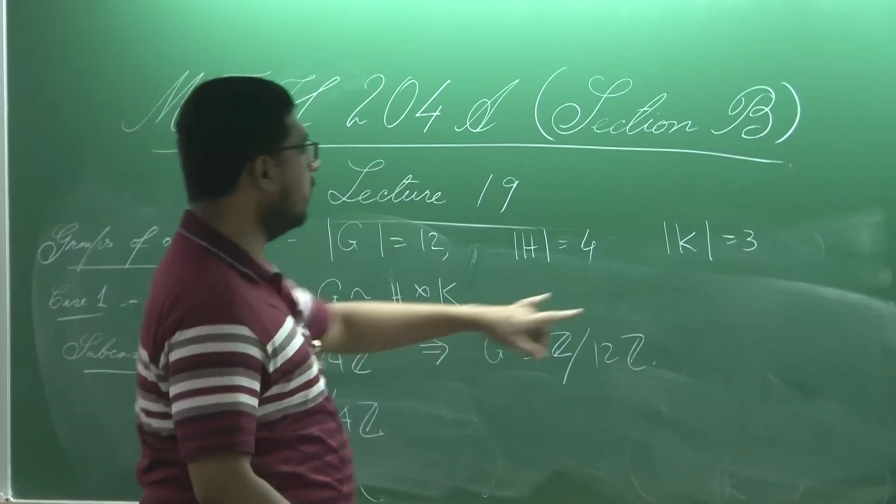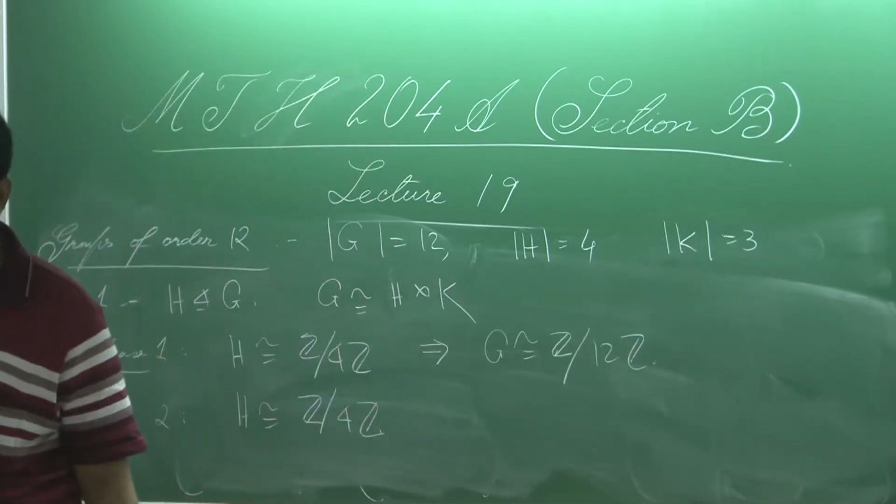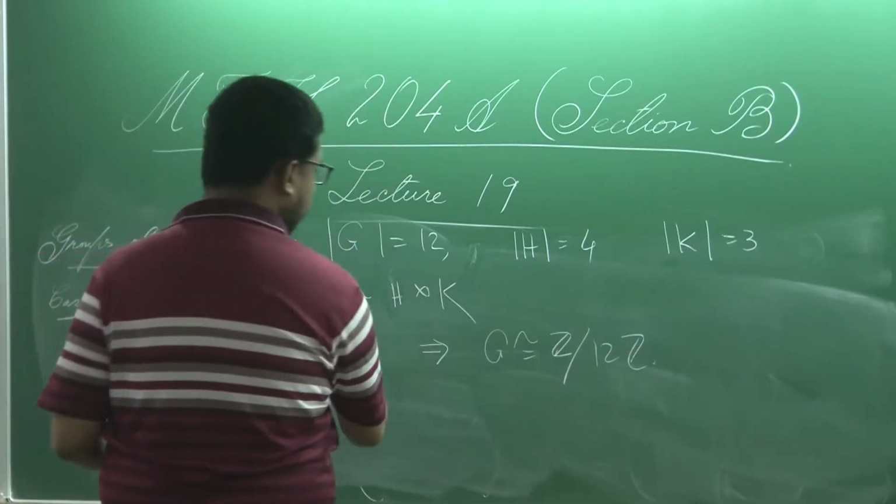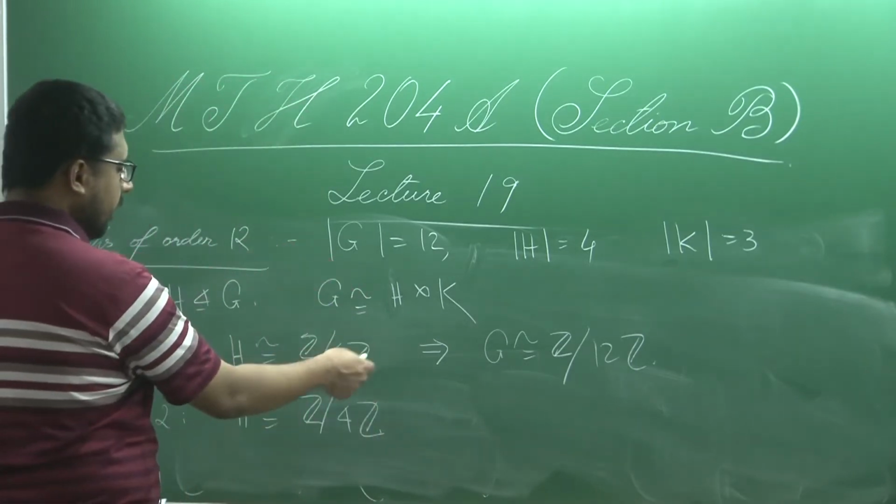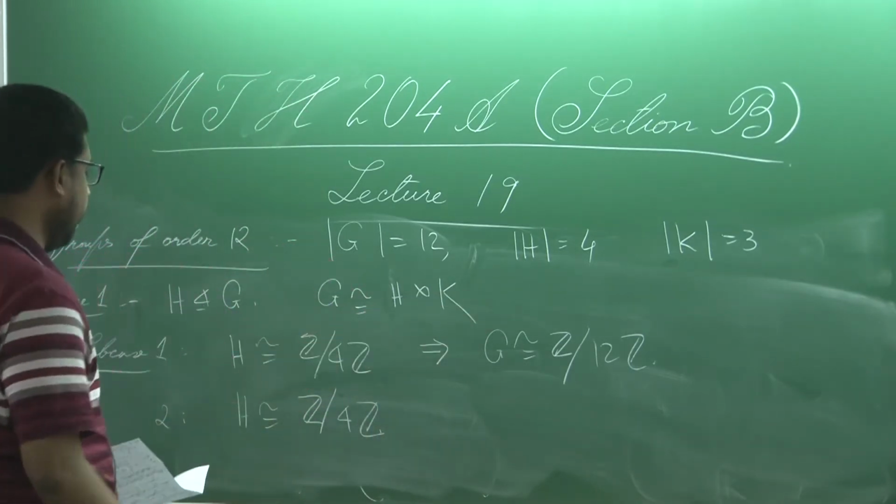Since K has order 3, there cannot be a non-trivial homomorphism. So only the trivial structure will appear here, only the direct product, and that's exactly Z modulo 12Z.